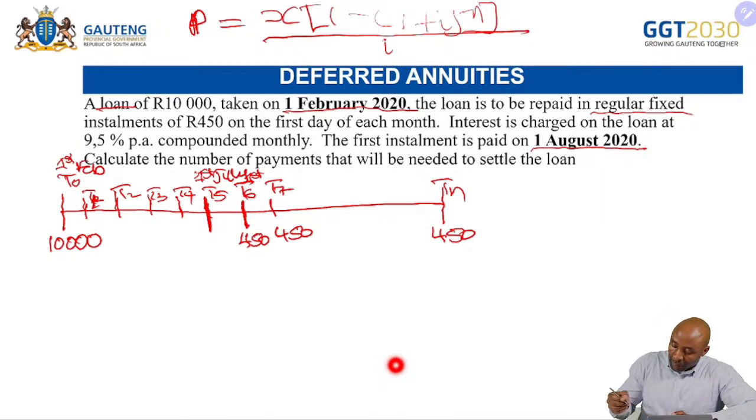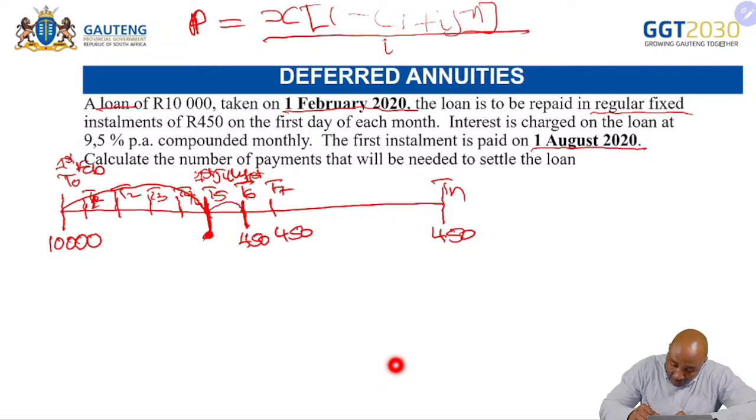Now, we are able to now say from the 1st of February up to the 1st of July, we are going to compound grow the 10,000 using the compound interest formula so that we are able to get the new loan amount at T5.